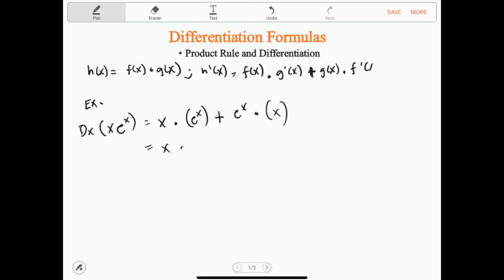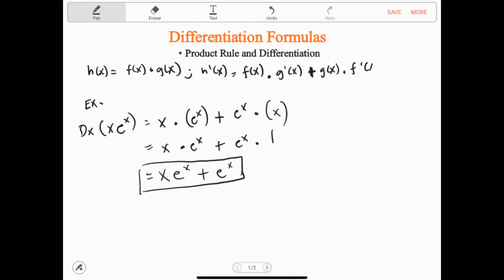So it's gonna be x times the derivative of e raised to x, which is the same, plus e raised to x times the derivative of x, which is equal to 1. So the derivative of x times e raised to x is equal to x e raised to x plus e raised to x. Next example.